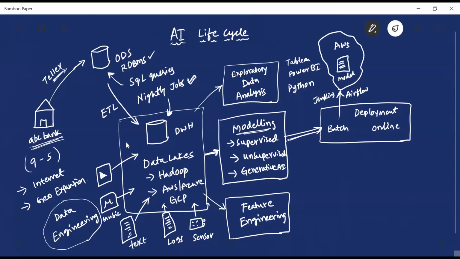The second one is called online mode. Online mode is basically you would create something like an API, and this API is invoked by a website or a mobile app or things like that. So imagine there is a website, abcbank.com.